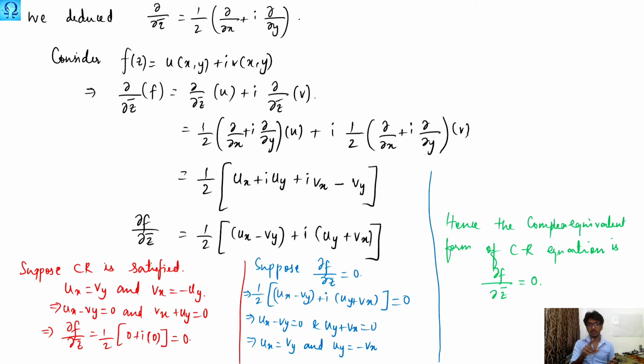But that does not ensure differentiability, as we have seen in the previous lectures. If the CR equation is satisfied, then it may turn out to be a differentiable function. It will have to satisfy the rest of the conditions as well. But if the CR equation is not satisfied, then we may very well conclude that the function cannot be differentiable. Right?